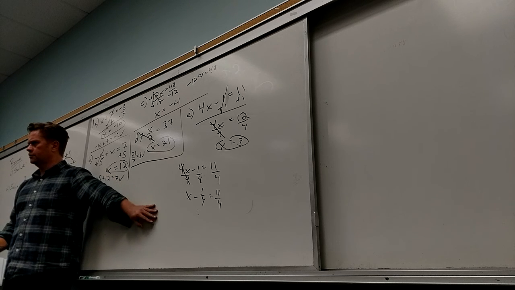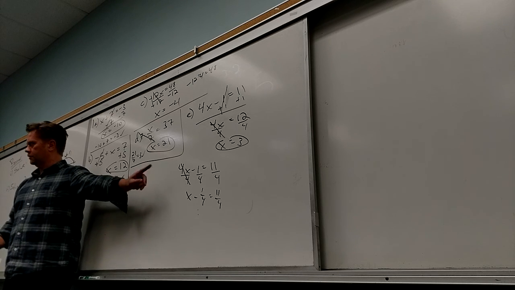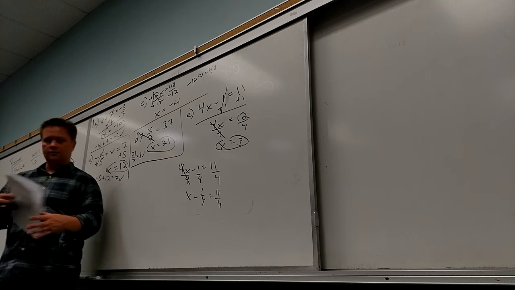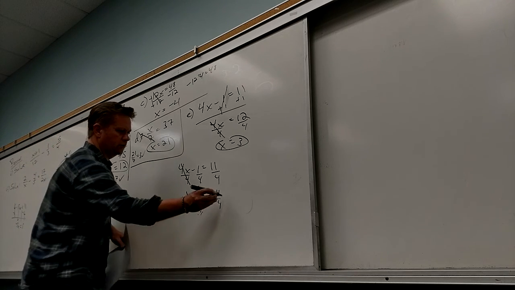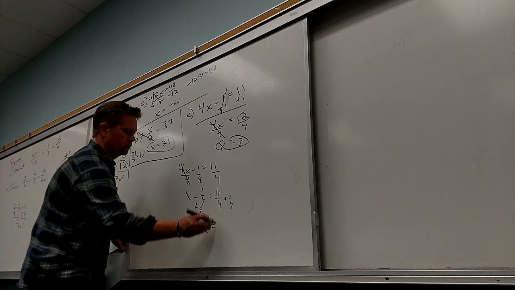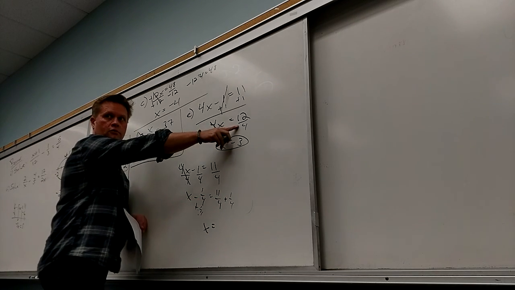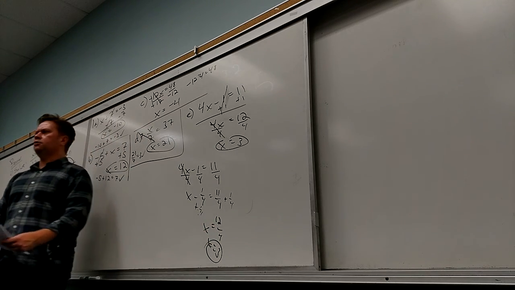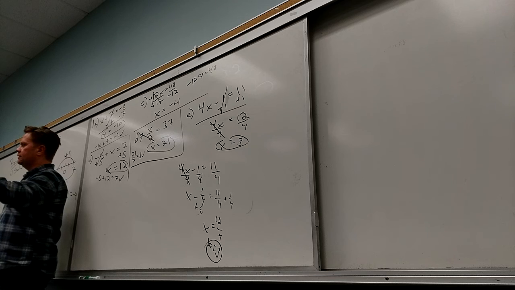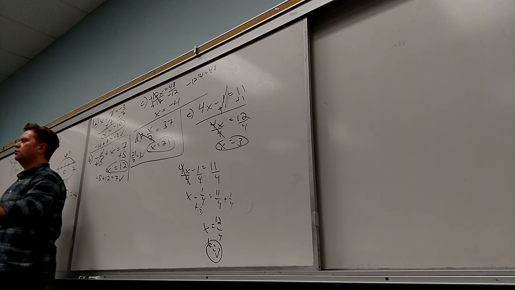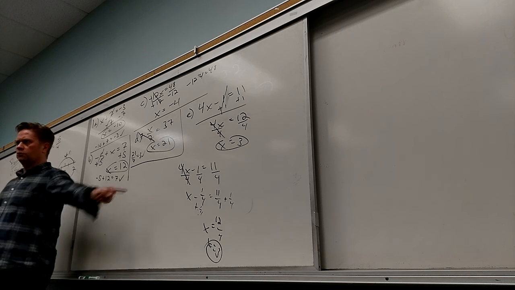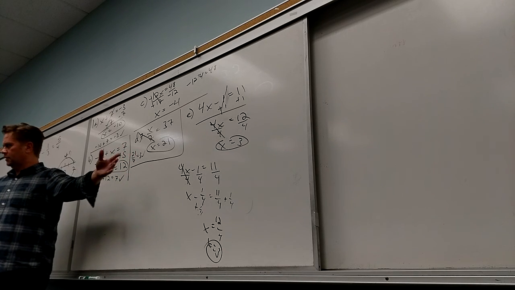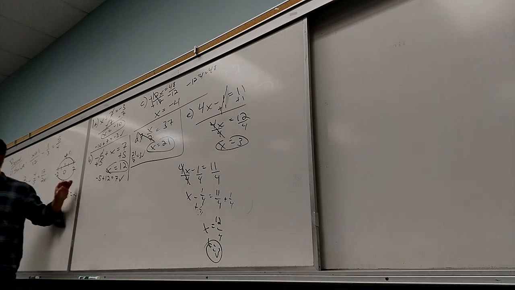What's in the wrong place? 1/4. It's in the wrong place. So I would do what? Careful. Add it. And that's not too bad, right? What's 11/4 plus 1/4? 12/4, which is 3. So I'm not telling you don't divide first because it makes it not work. It's just because it makes it harder than it should be. It'll still work. Because you got to divide by 4 eventually, just don't do it first. Unless you want to. It's totally legal.